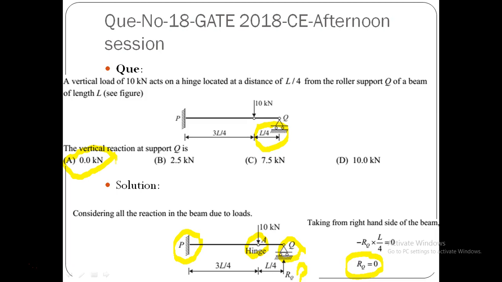Just one concept: he should know the moment at point A is 0, since it is a hinge, and you have to consider either the left hand side or the right hand side, and you can find out the unknown. In our case, the vertical reaction at the support is coming out to be 0.